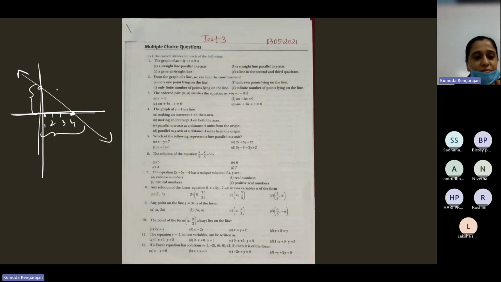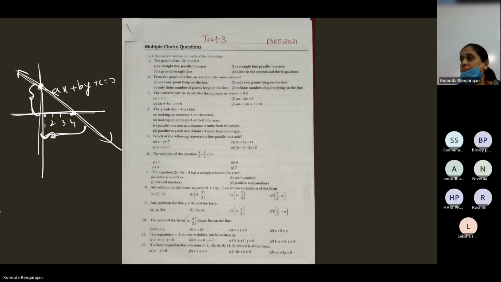This is that line, ax plus by plus c, whatever line, whatever equation that is. Now the graph line cuts the x-axis here. So this distance from the origin is called the x-intercept. And the same line cuts the y-axis here. It intersects the y-axis here. This one is called the y-intercept.